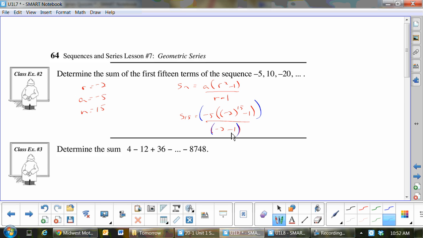So you need to have every advantage going into that thing. And you will have every advantage going into that thing. Okay, what are we getting? Negative 54,615.